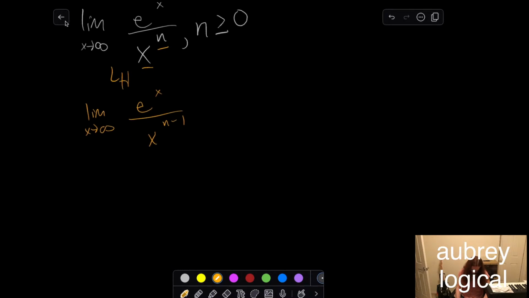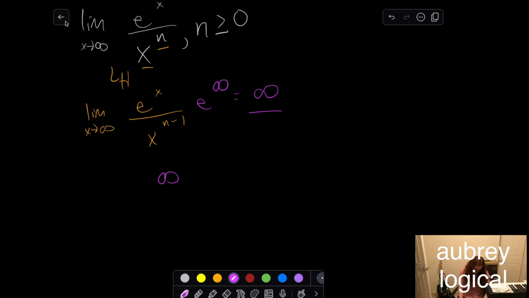Basically, the gist of this problem is that on top, it's approaching infinity, right? So e to the infinity is equal to infinity, and on the bottom, we have infinity to any power greater than or equal to 0.